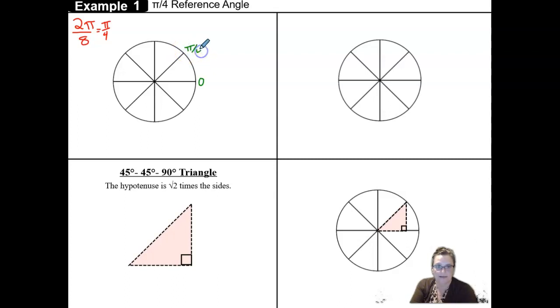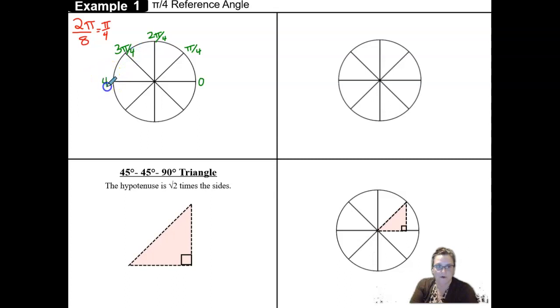4 radians. Then 2 pi over 4, which reduces to pi over 2. Next would be 3 pi over 4.